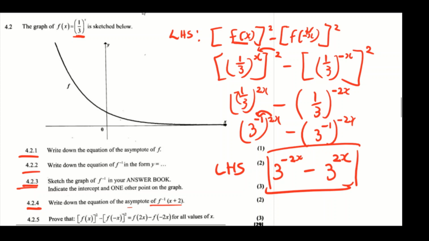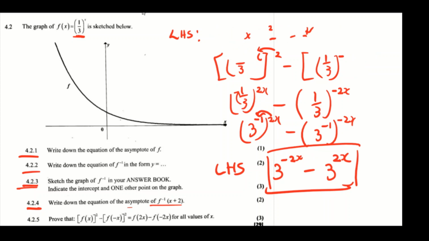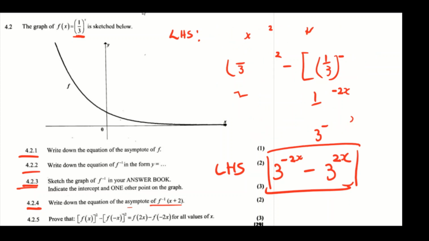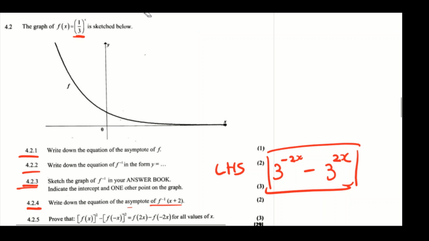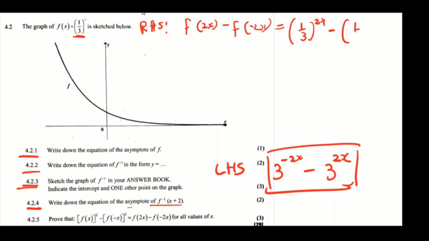Now let's do the right hand side. Let me erase this quickly. I'm not going to erase the bottom so that we prove that it's actually equal. So the right hand side is f of 2x minus f of minus 2x, right? My f is 1 over 3 to the power of 2x minus 1 over 3 to the power of minus 2x, right?